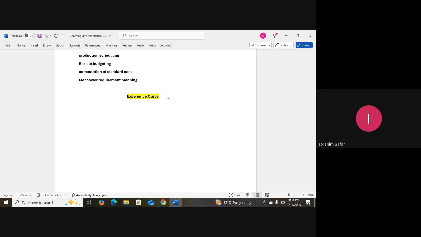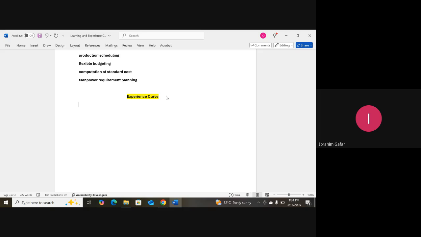Are we together? Yes. So the possible savings from increased output include materials consumption. Material consumption per unit will tend to fall as wastage decreases.